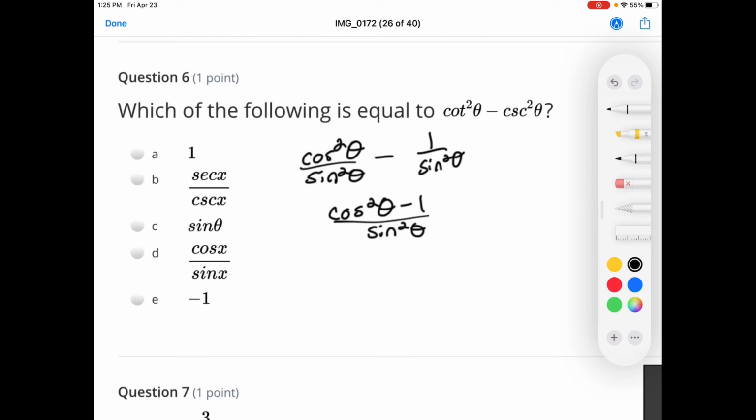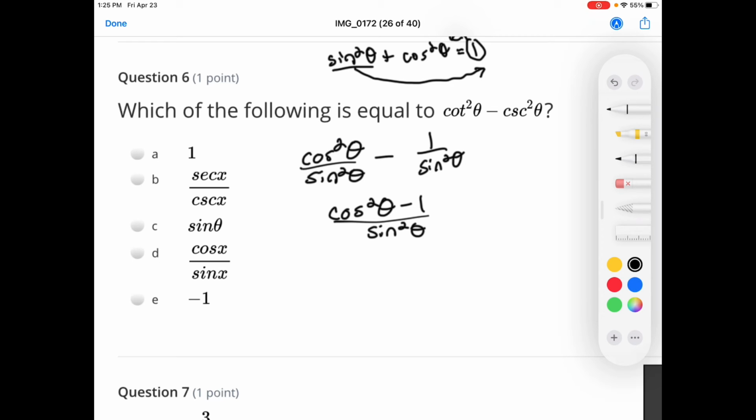All right, so cosine squared minus 1. Let's figure out what that is. It's not 1 minus cosine squared. We know that's sine squared. But cosine squared minus 1, what would that be? Well, if we look at our original Pythagorean identity, to get cosine squared minus 1, I would have to make my positive 1 negative and move it over here, and I would have to take the sine squared and move it over here.